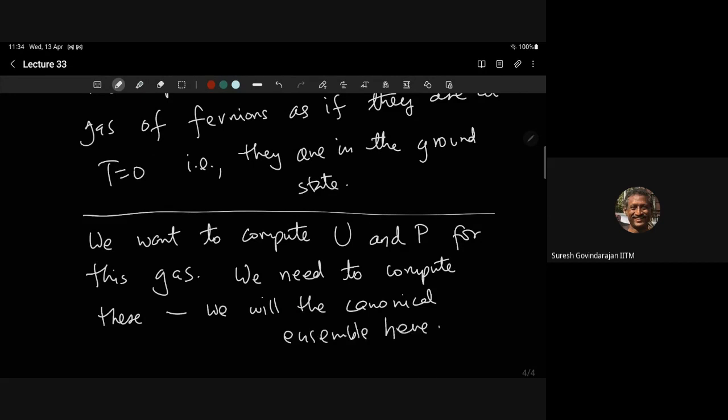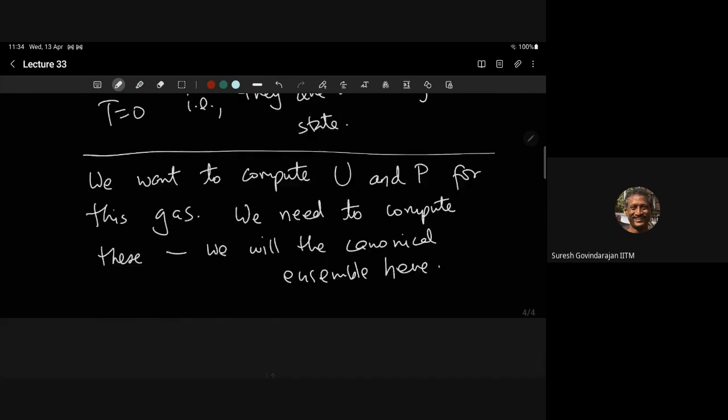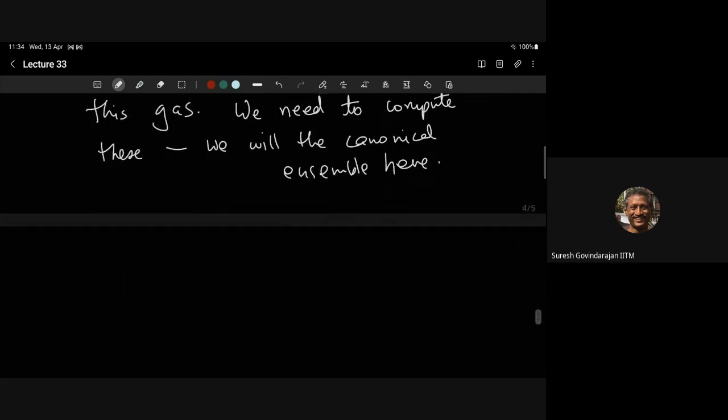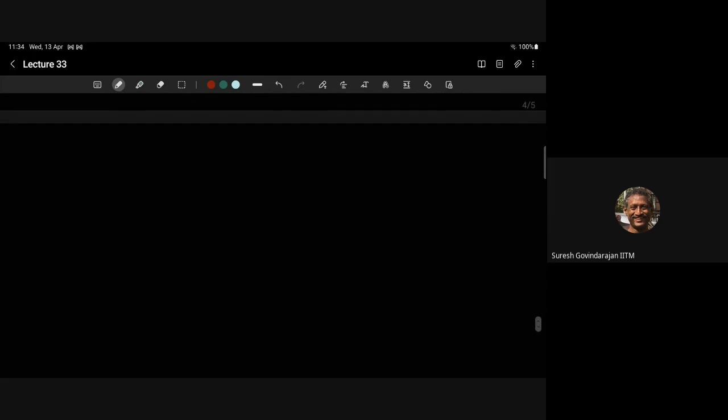Previously, what we did was to go to the grand canonical ensemble and then do this inversion, like we did in the previous problems. So this is what we need to do.